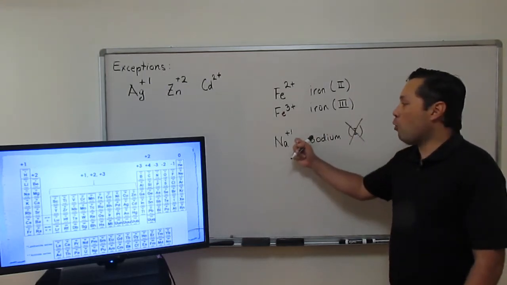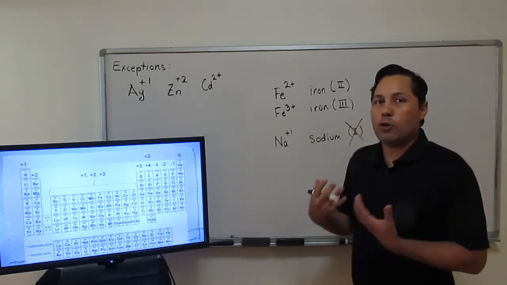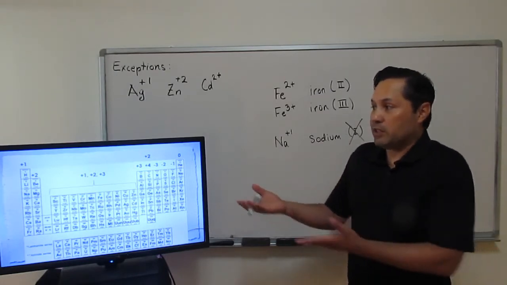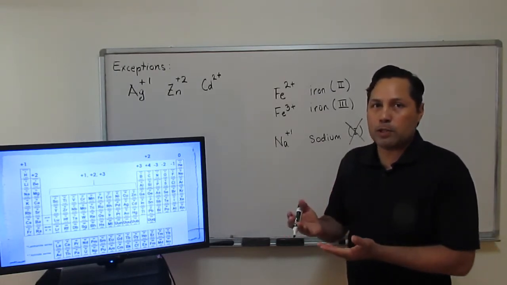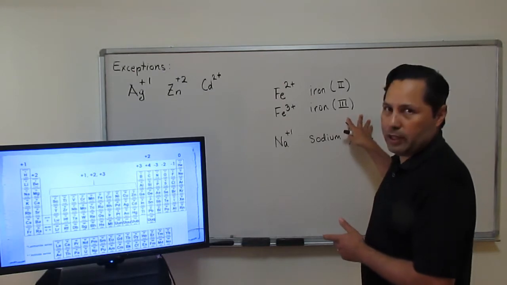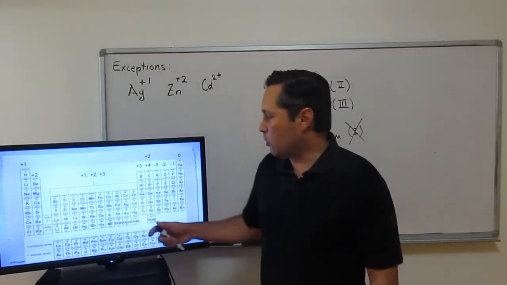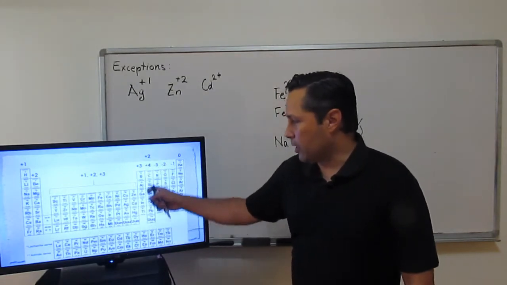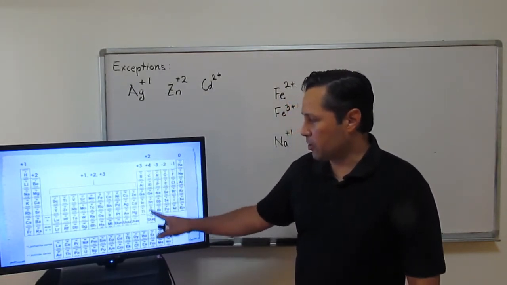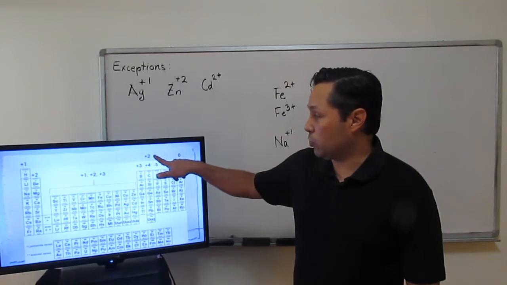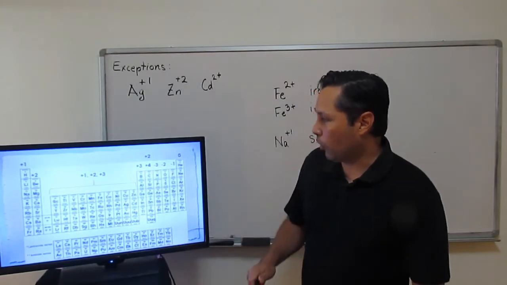Why? Because it's always +1. So you don't have to tell me what it is, because I know that it's always +1, so therefore I don't have to put that. Again, you only do that for the transition metals plus this column right here where carbon starts at the top, because it could either be a +2 or a +4.